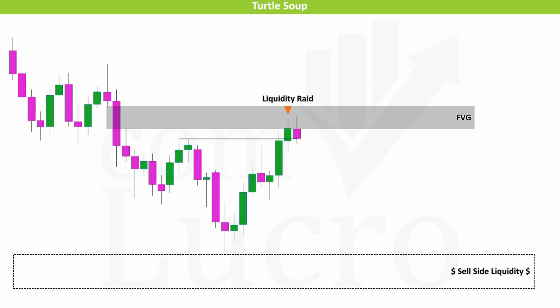This move above the high often traps breakout buyers and collects buy-side liquidity. Once price drops back inside the prior range, we can open a sell position with our stop loss placed safely above the manipulated zone. The target then becomes the next important level below price, usually a sell-side liquidity pool or structural low aligned with the broader bearish direction.